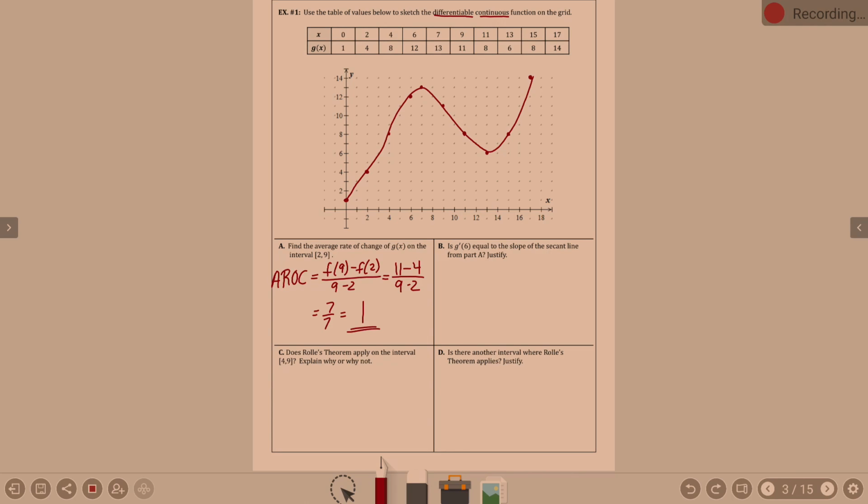Is it bad that I drew the line? Not necessarily. I'm trying to remember if we end up drawing this in, because I do have some lines drawn on here. What was this one between? 2 and 9. I do have it drawn in.